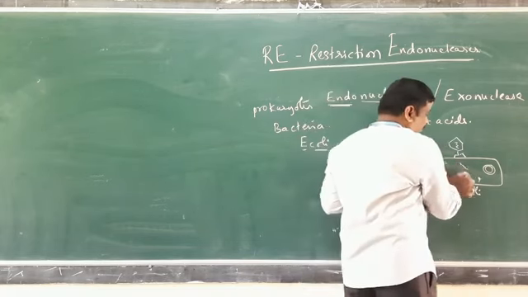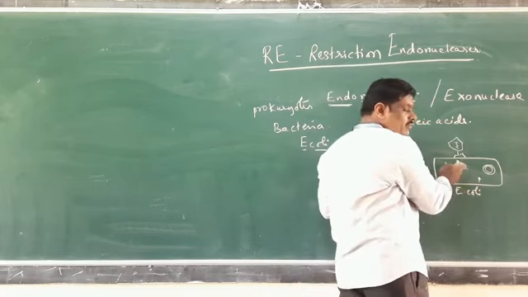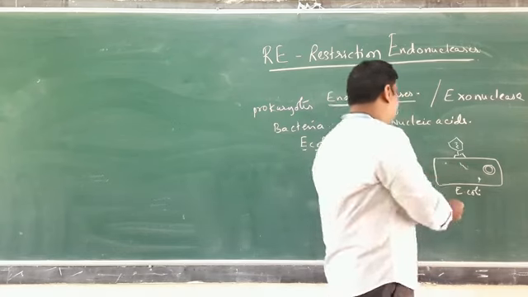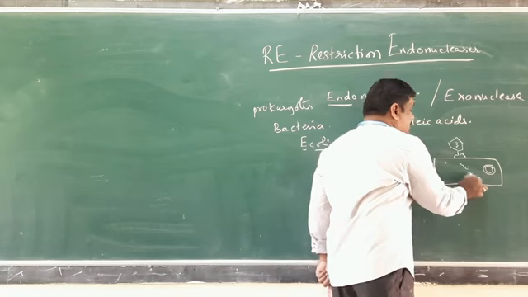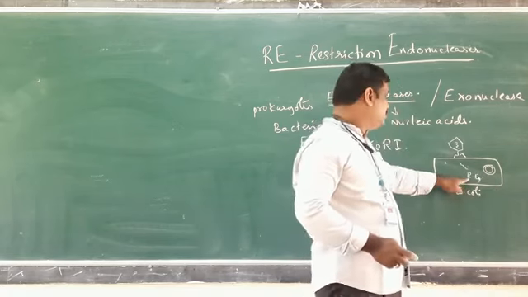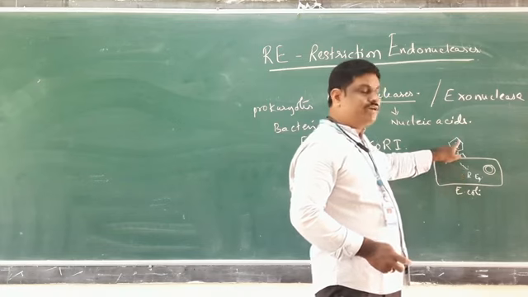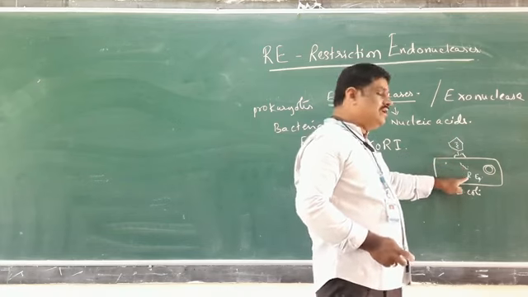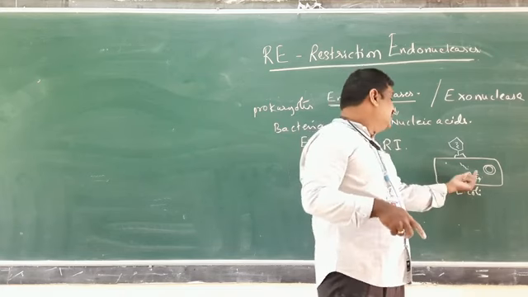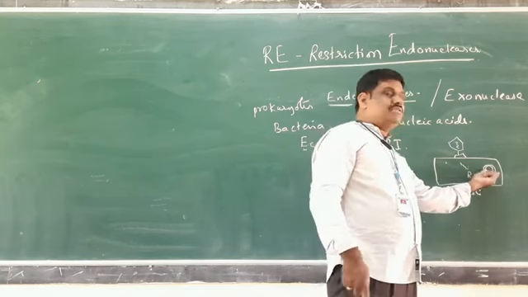Whatever foreign DNA comes from outside can be cleaved by these restriction endonucleases. Their function is to cleave the foreign DNA. And they have another property called methylation, by which they do not recognize the self.